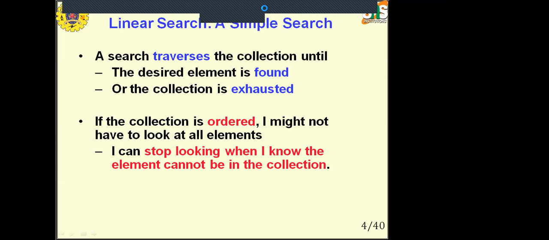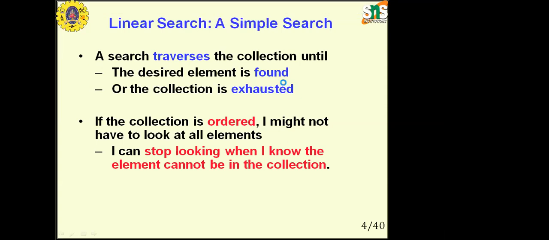Okay, so how we are going to search this one? So you have to start from the first index value 0, and check if it is found, then the process stopped. Okay, then you are going to check for the next location, where if the element is found, then the process stopped. If not, again it is incremented to the next position. Then you got to check whether the element is found.